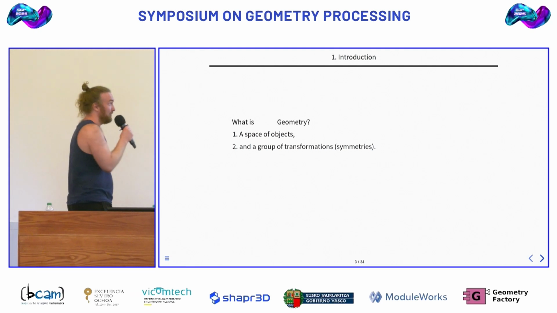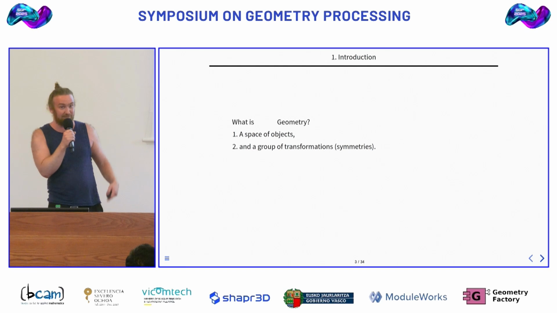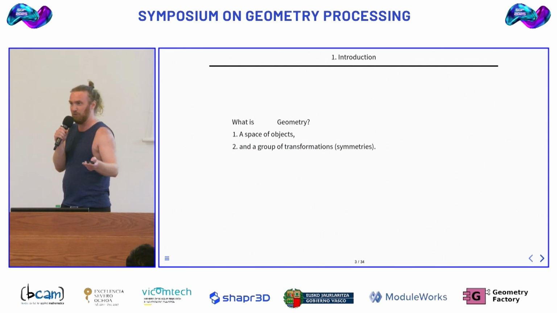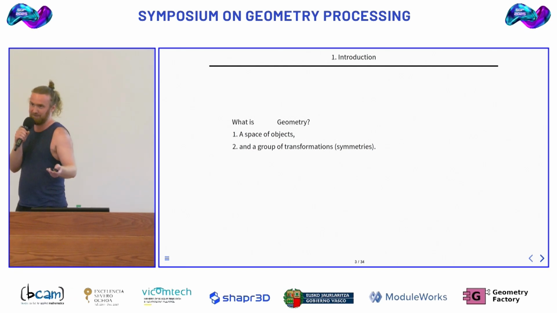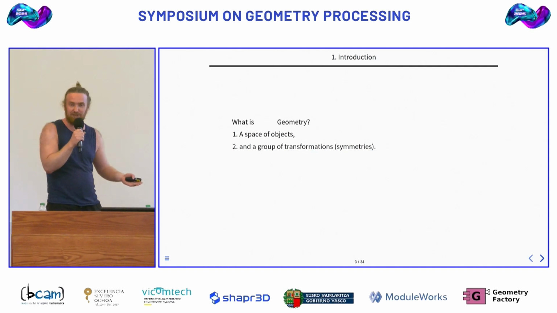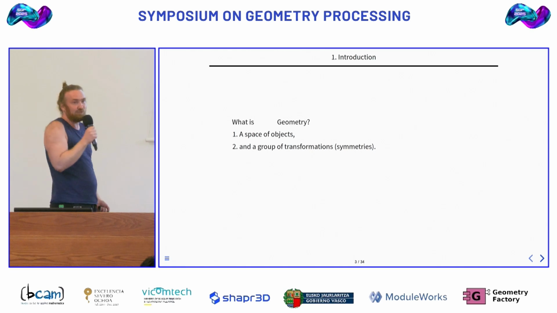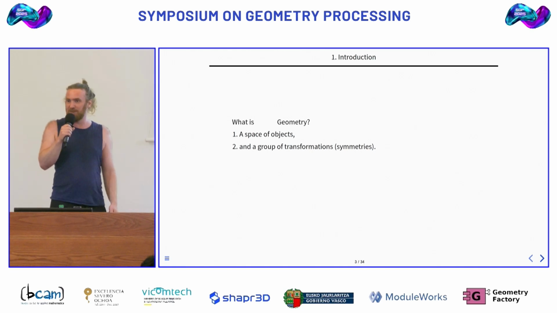Afterwards you can go back to your own definition. So what is geometry? For me, I have to have some space of objects, could just be points. And then I need to have a group of transformations, usually called symmetries, and that is for me geometry.